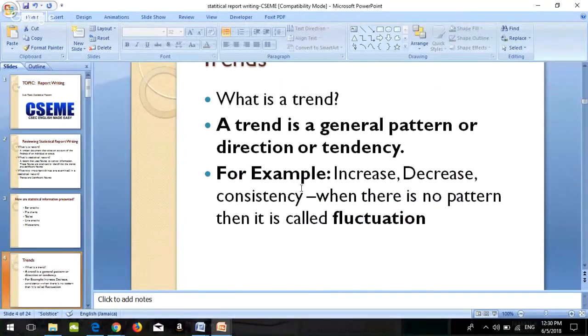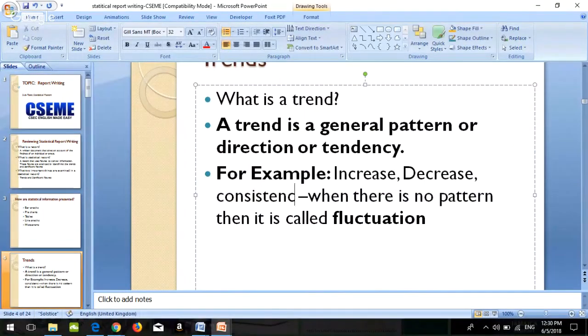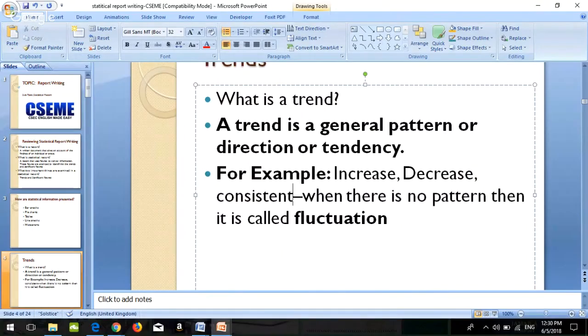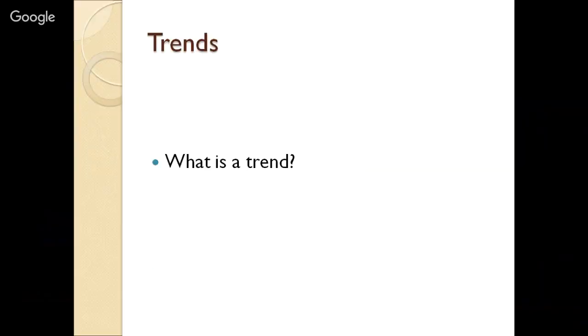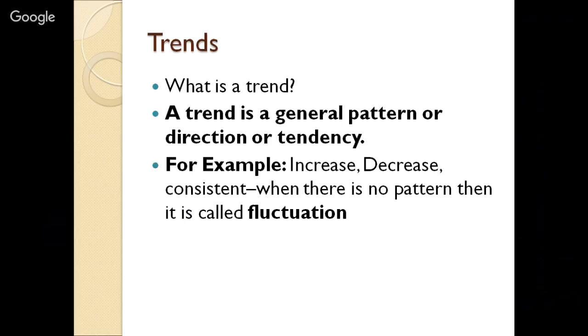Or it can be fluctuating, meaning that there's no clear pattern. If there's no clear pattern, it is considered to be a fluctuation, or it's fluctuating.